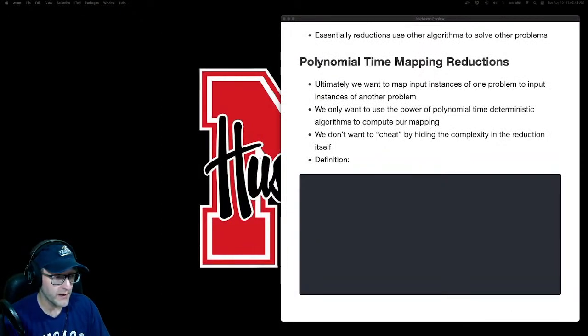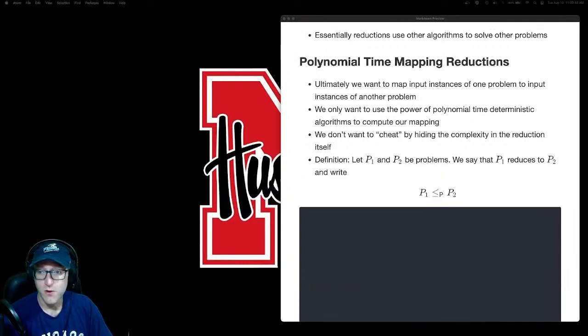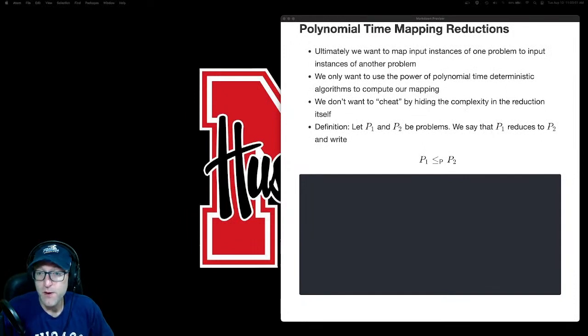So here's the actual definition, and these are mapping reductions. Let P1 and P2 be problems. This is not P as in deterministic polynomial time.